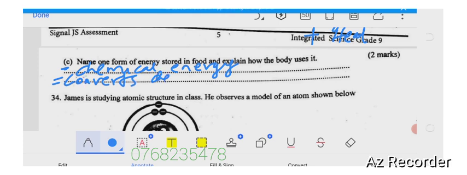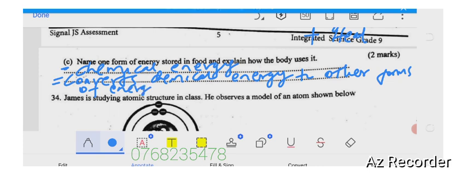Chemical energy to other forms of energy that help our bodies in various activities.